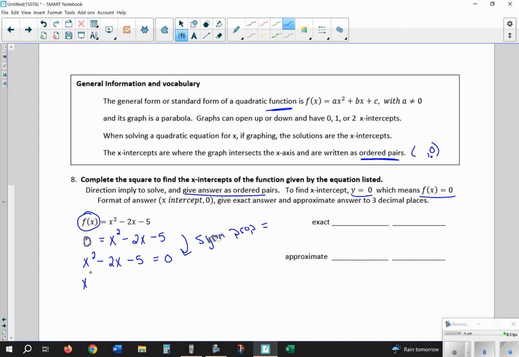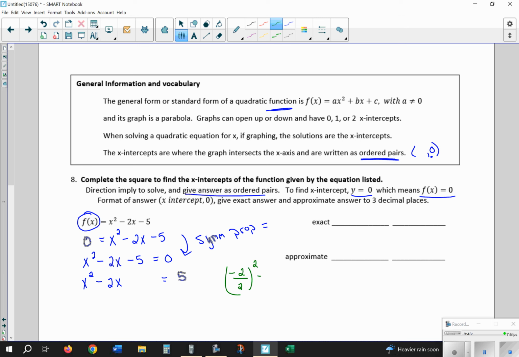Step 1 says get my x values or my variable values on one side and my constant on the other. So we'd add 5 to both sides. Second step says if my lead coefficient is not a 1, I have to divide. Since it is a 1, I don't have to. Third step says create the perfect square trinomial. I'm going to take the coefficient of the b term. We're always dividing it by 2.